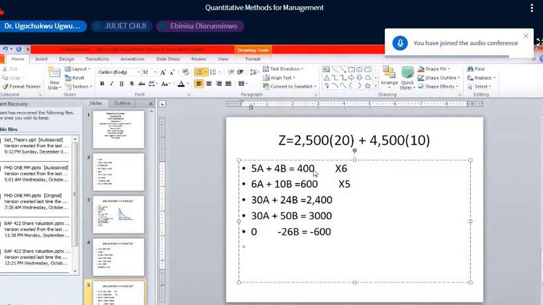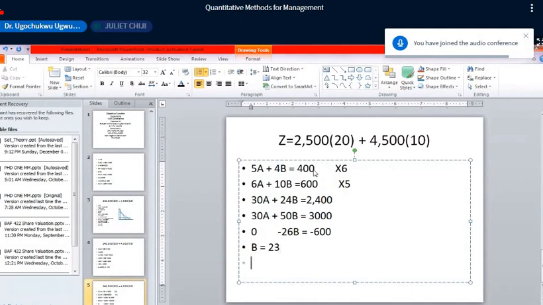So B alone will now be equal to 600 divided by 26. 26 will give you approximately 23. So our B is now approximately 23.